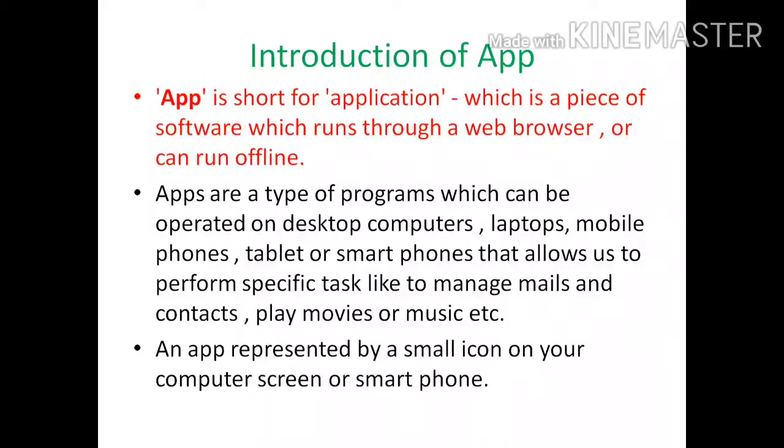The common usage of the word app is when making a reference to a mobile application or any small piece of software running on a website. That means, children, when do we use the word app? When we refer to any mobile application or any small kind of software, we use the word app for this.